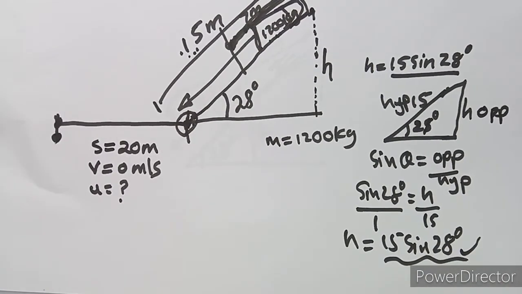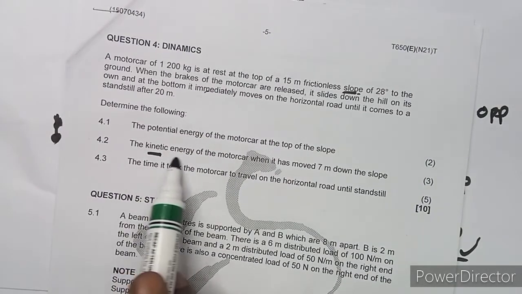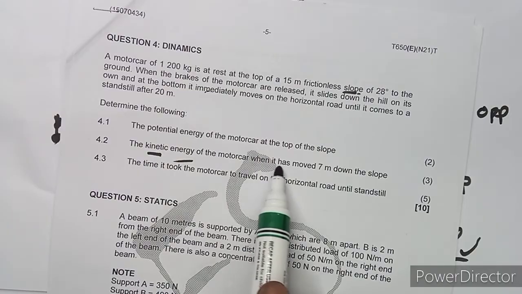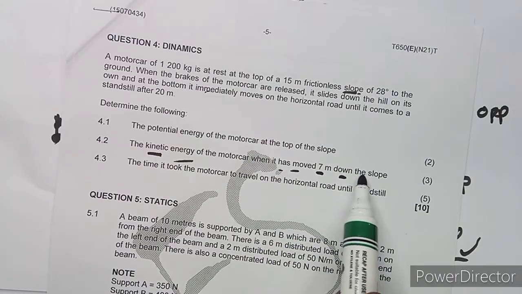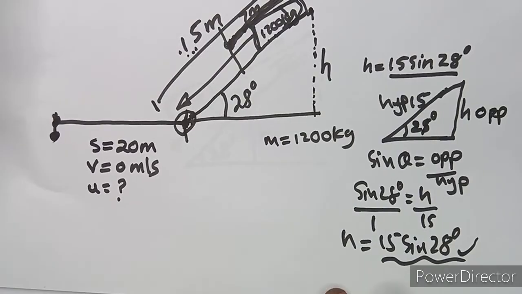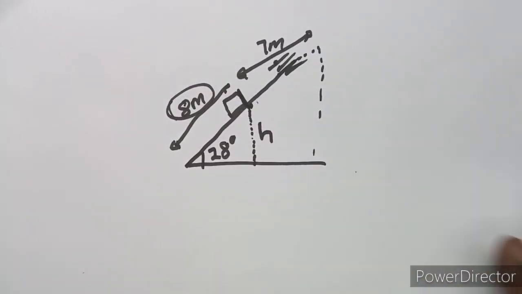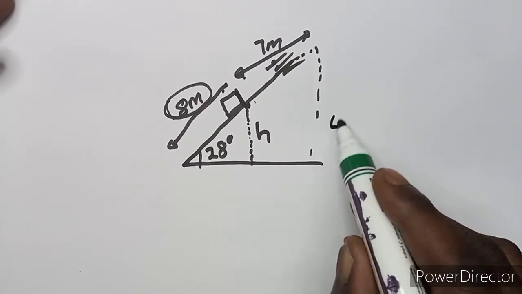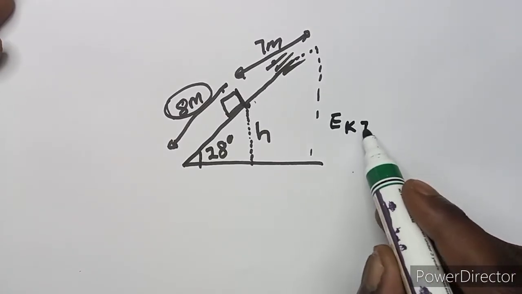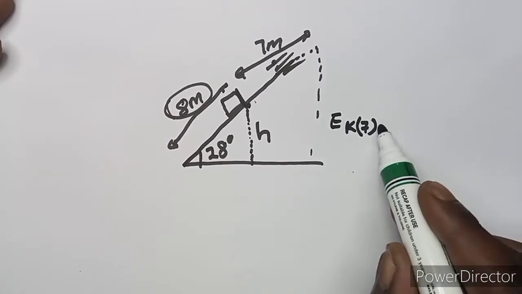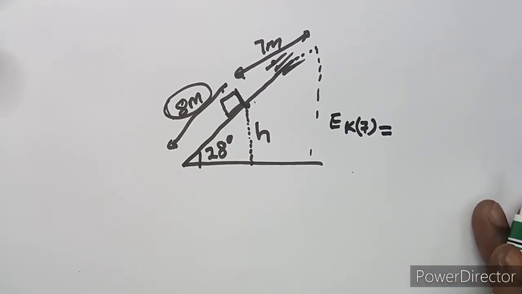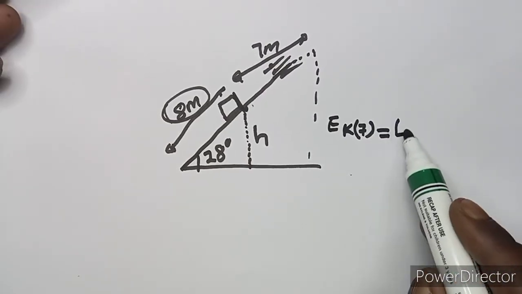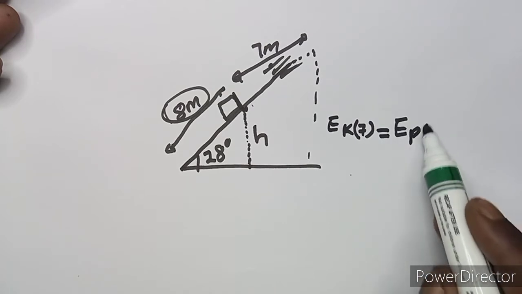Okay, let's take back the information, guys, and see the question. The question is the kinetic energy of the motor car when it has moved 7 meters down the slope. So the kinetic energy when it has moved 7 meters down the slope is going to be equal to the potential energy that is lost.